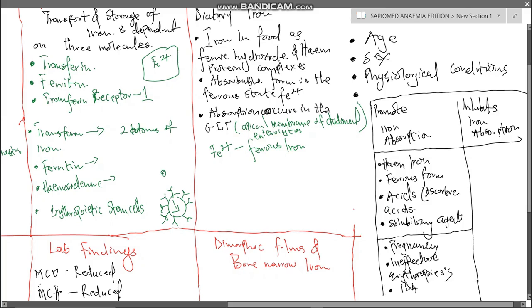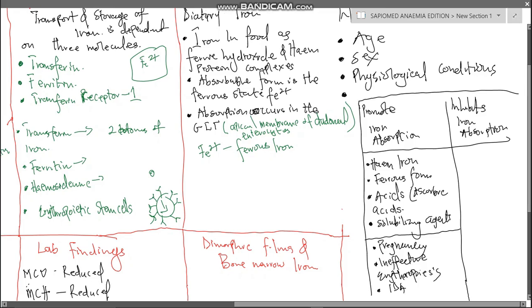Okay, then when it comes to the reducing agents or those that inhibit absorption, we have the ferric form, that is the Fe3+. Then we have when there's excess iron. So this one will also be a homeostatic approach. Also taking teas like coffee, etc., also inhibits iron absorption.